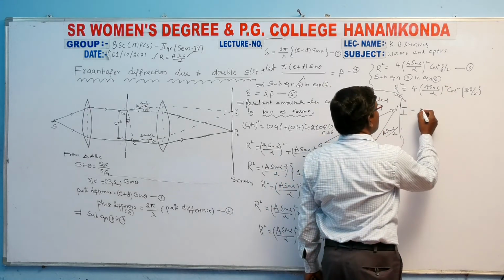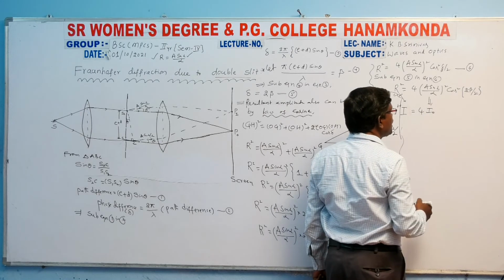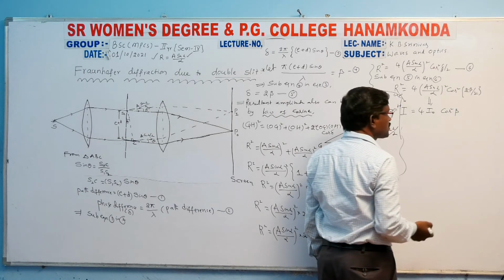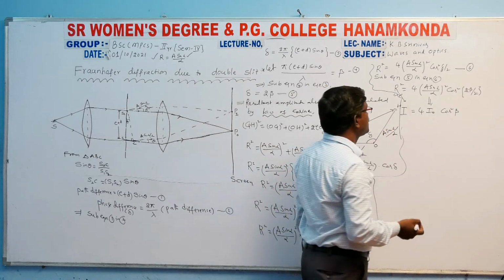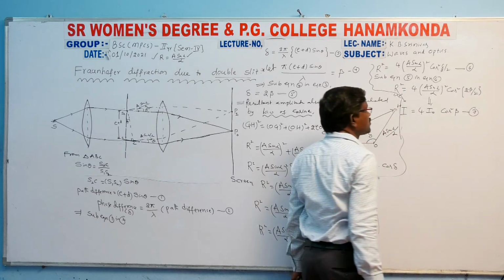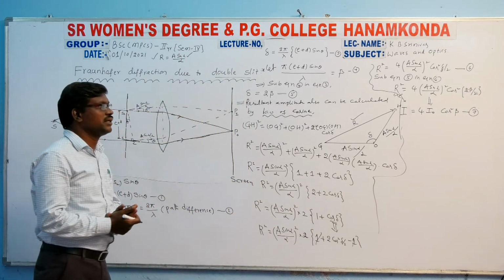That intensity here I am representing as some I naught. This I am representing as I naught into cos square beta. Let this be equation number 7. Clear? Right.